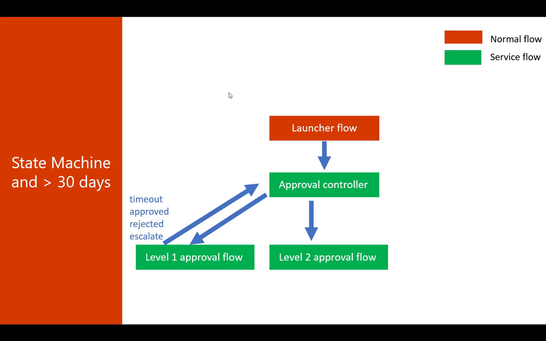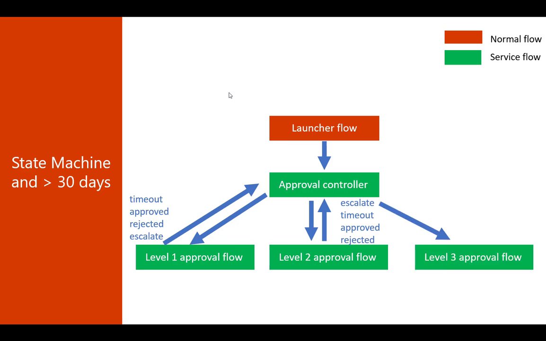Then the approval controller will start a level 2 approval, which can return the same kind of information, or even more. Then if the user in level 2 approves, the approval controller will start another flow, the level 3 approval flow, etc., etc.